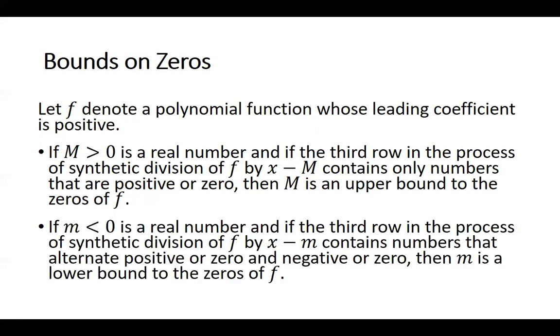Now, lowercase m, we use lowercase m a lot of times for minimum, is less than 0 and is a real number. And if the third row in the process of synthetic division of f by x minus m contains numbers that alternate between positive or 0 and negative or 0, so basically 0 can count on either side, alternating from non-negative to non-positive to non-negative to non-positive, then lowercase m is a lower bound to the zeros of f.